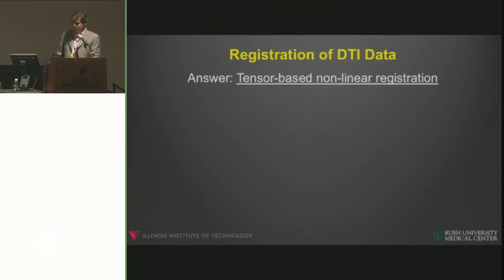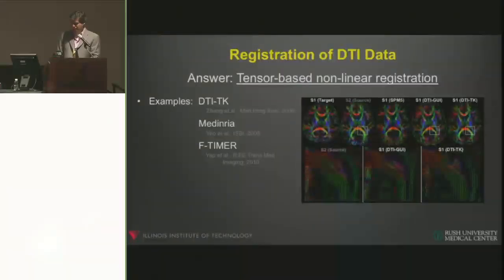So what is suggested is to use tensor-based nonlinear registration because it seems to provide overall very good tensor matching across multiple subjects. There's a number of tools that allow you to do this, and here I'm showing you a simple example of what can be done with tensor-based nonlinear registration.